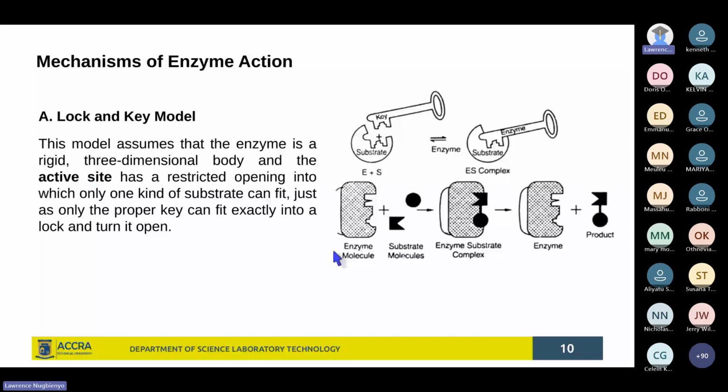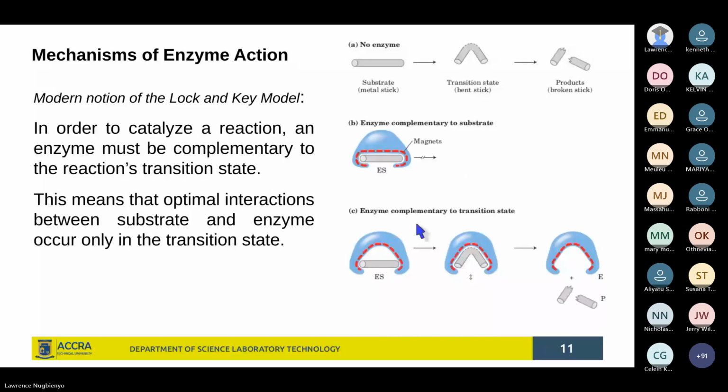But there's a problem with this model. So if we take, say, a rod, let's say some rod which is being referred to as the metal stick as a substrate, and that metal stick is to be broken.